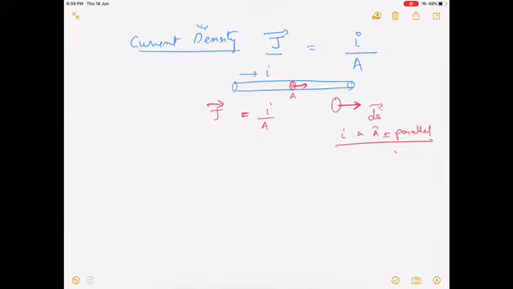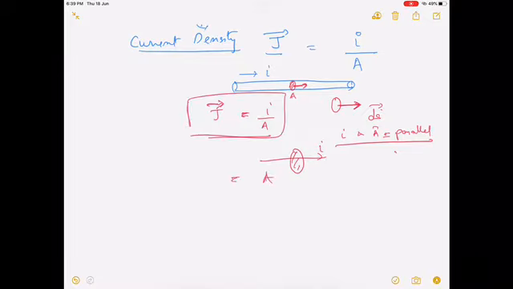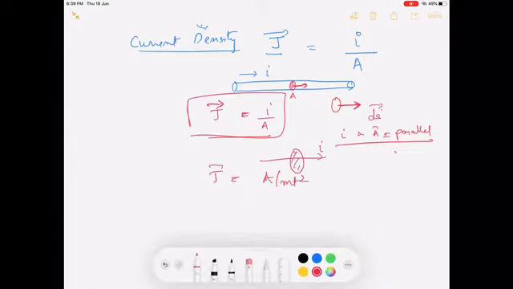That is, current and the area vector should be parallel to each other, or you can say the area should be perpendicular to the current, because the area vector is normal to the surface. So current density is I upon A, and the unit of current density is ampere per meter square.